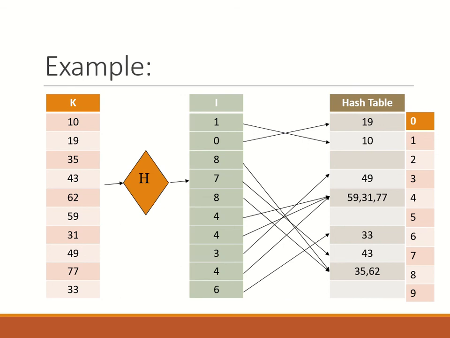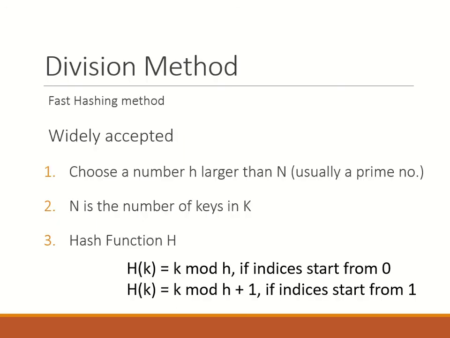This is the result of the hash function: 10 resulted in 1, 19 resulted in 0, 35 resulted in 8, 43 resulted in 7, 62 resulted in 8 again. So this was a collision. 35 and 62 are mapping to the same index, 59 and 31 are mapping to the same index, and again 77 is mapping to the same index. 49 is mapped to 3, and 33 is mapped to 6.